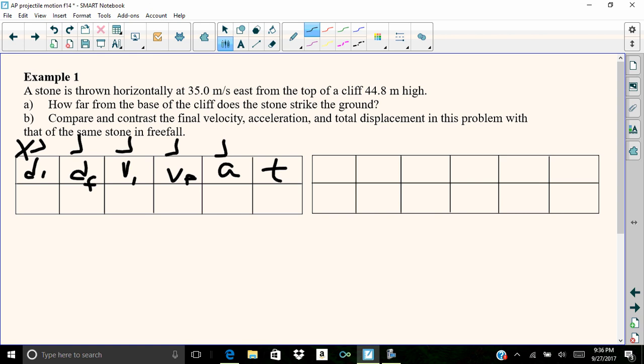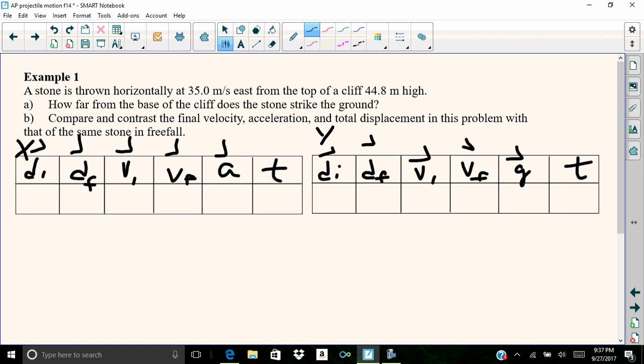I don't like using x and y because it right away makes you think of math instead of thinking of displacement or position. Okay, so in the y direction, I have d initial, d final, v initial, v final, g, and t. Notice there's no vector sign on the t.